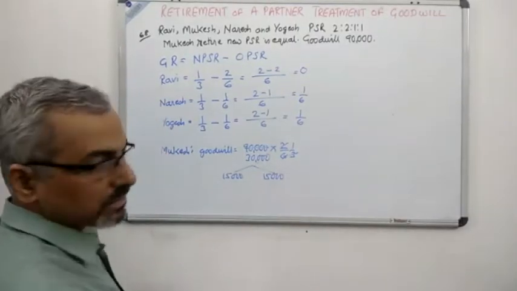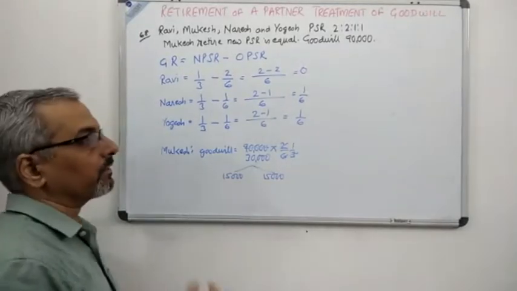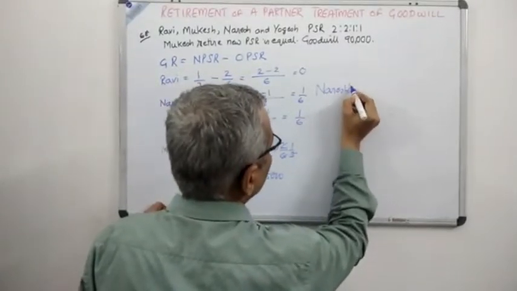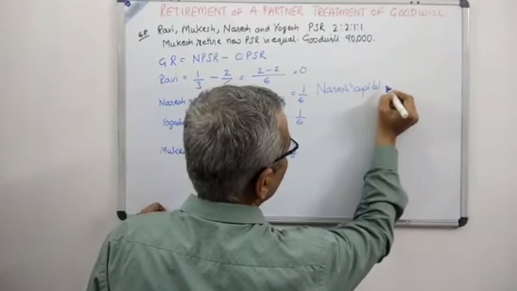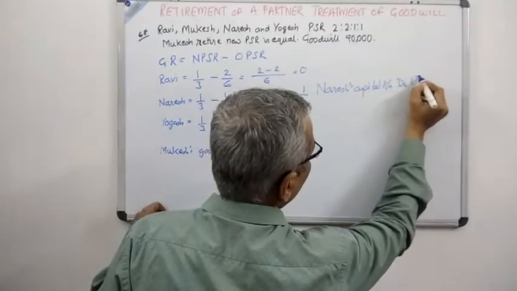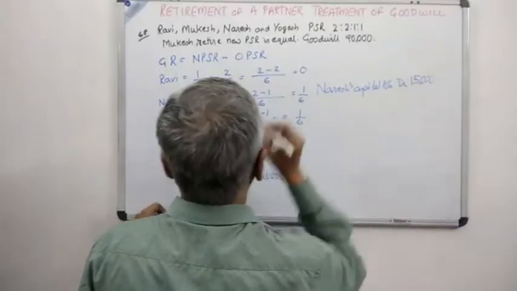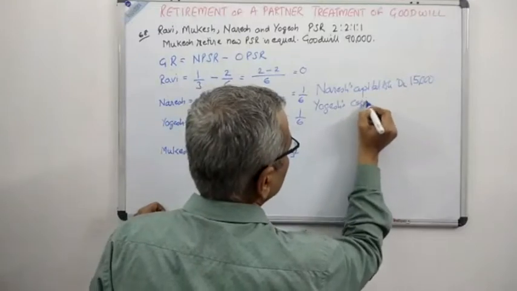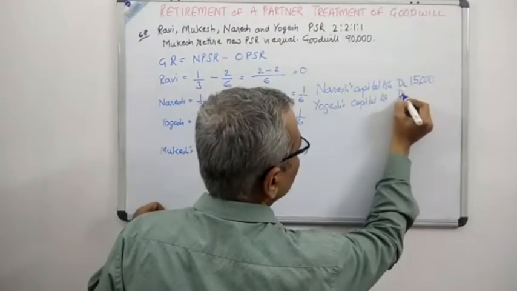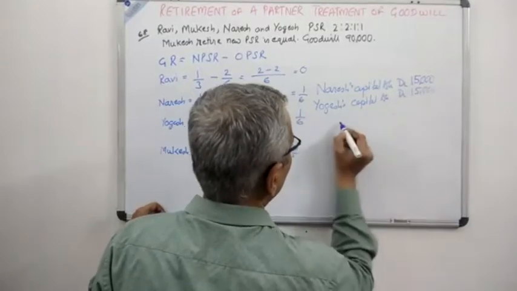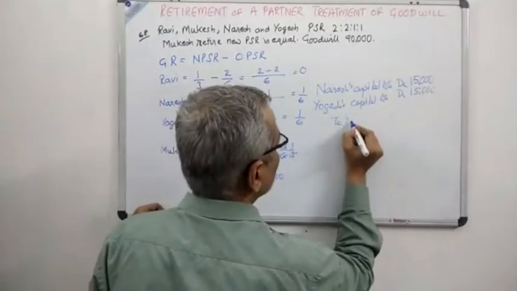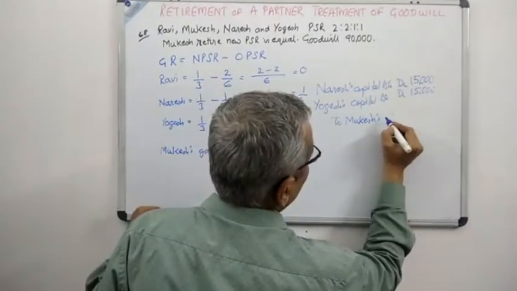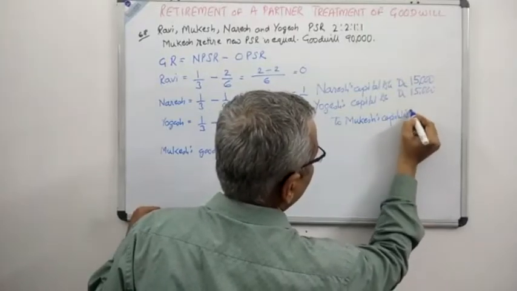Now we have to pass the journal entry because the question has asked us to. Very simple journal entry. Naresh's capital account debit 15,000. Yogesh's capital account debit 15,000, to the retiring partner, that is Mukesh's capital account, 30,000.